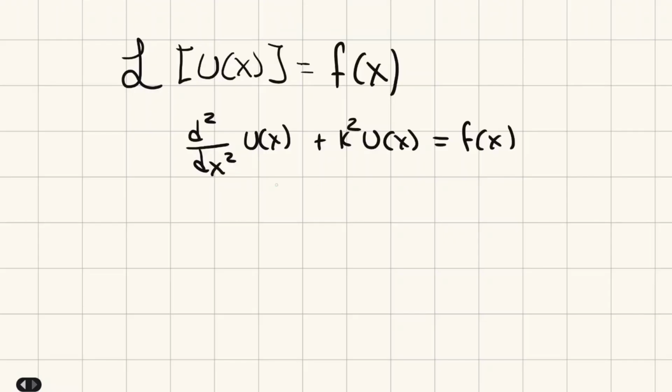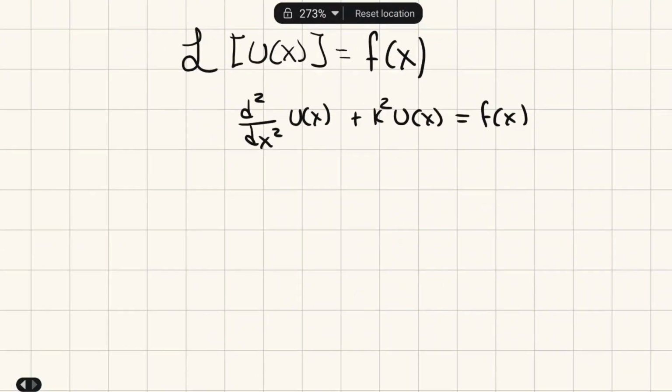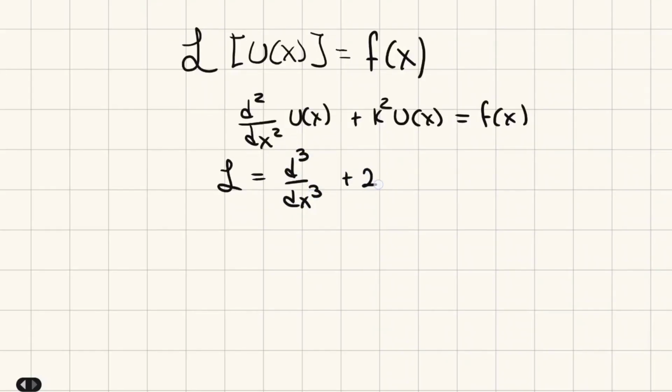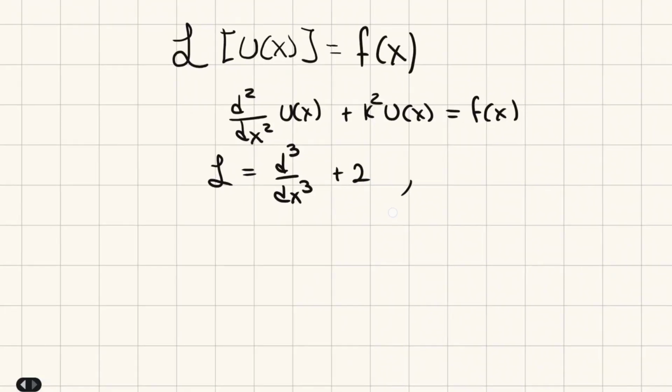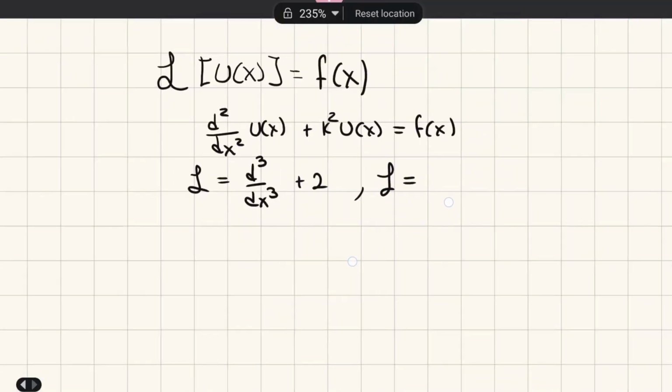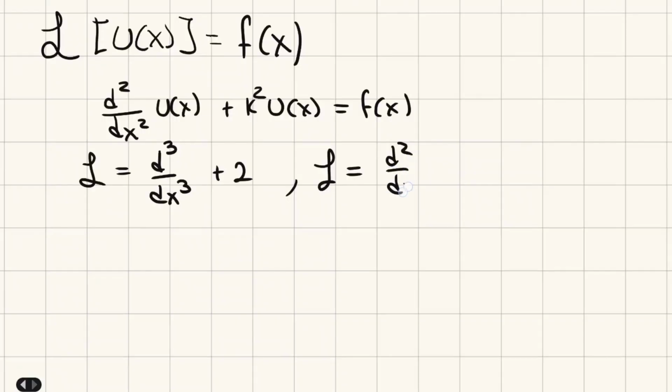Every equation that has this structure can be solved by using the Green function that we are about to introduce. Another example is that L can be the third derivative with respect to x plus a constant, or L can be defined as the second derivative with respect to x plus the derivative with respect to x plus another constant.